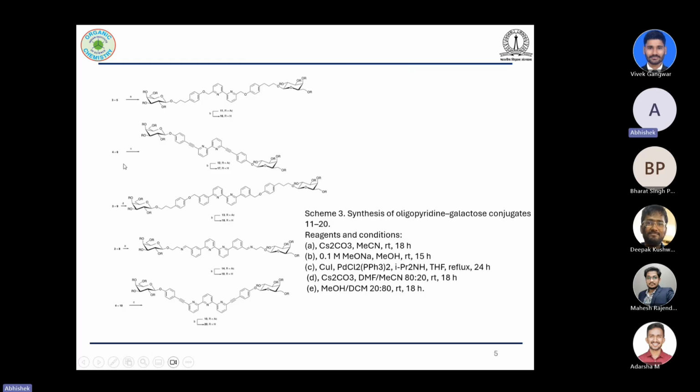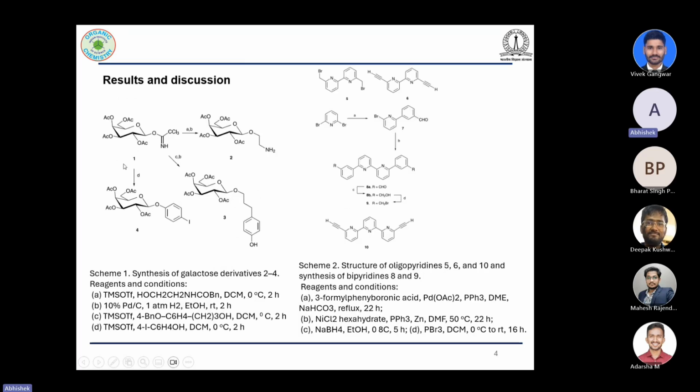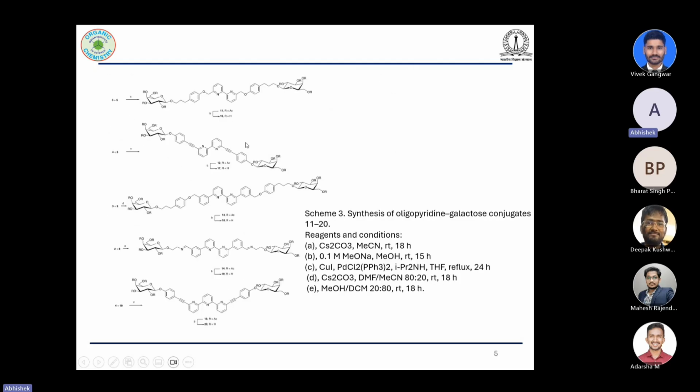And in this entry, they take 4 and 6. This compound 4 and this oligopyridine 6 undergo a Suzuki type coupling reaction to form this coupling product.